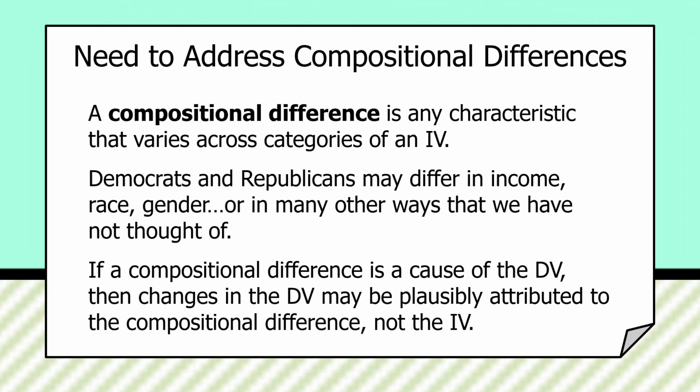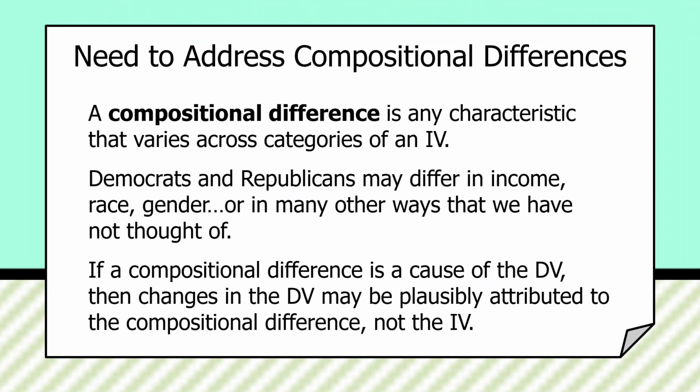Now here's a key point. If a compositional difference is a cause of the dependent variable, then changes in the dependent variable may be plausibly attributed to the compositional difference, not the independent variable. There's a couple of ideas going on here.